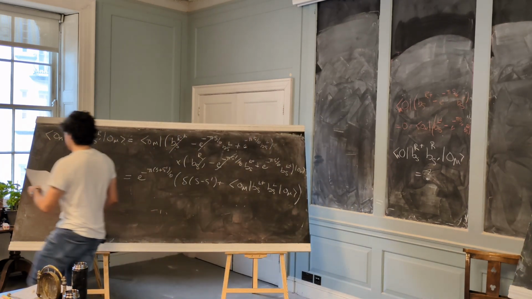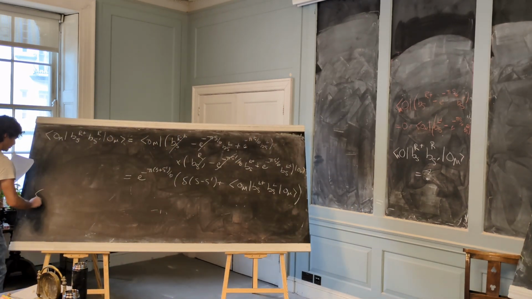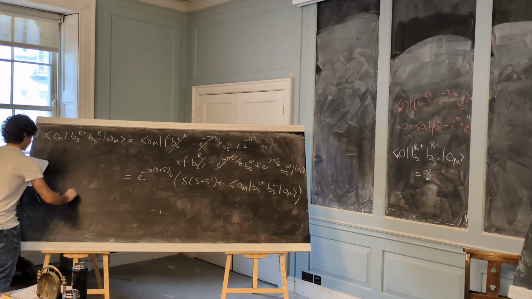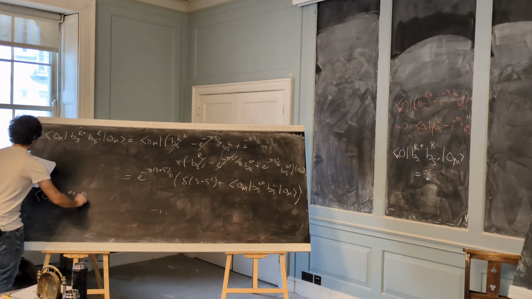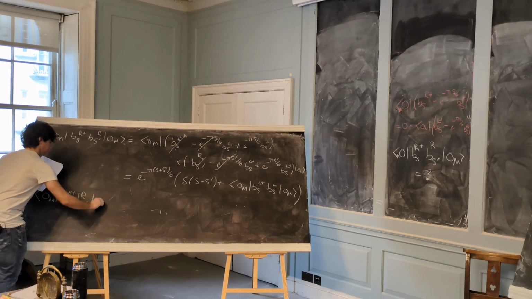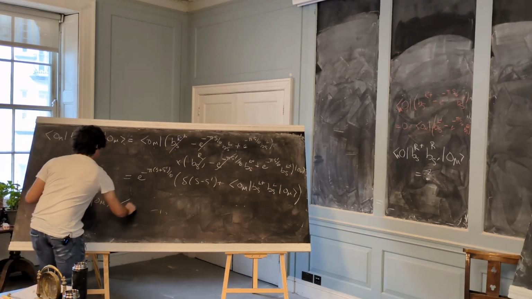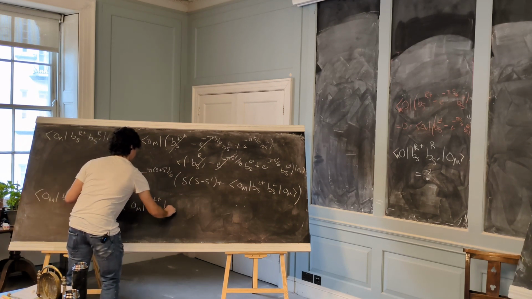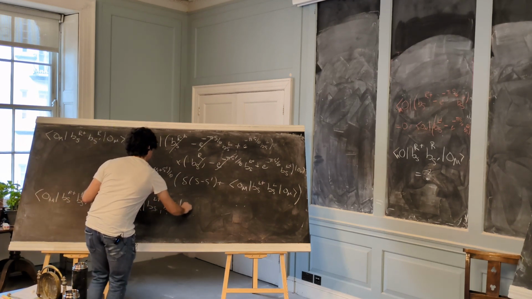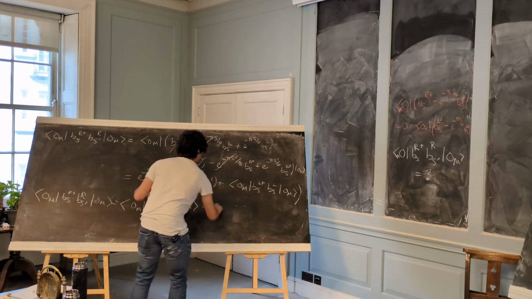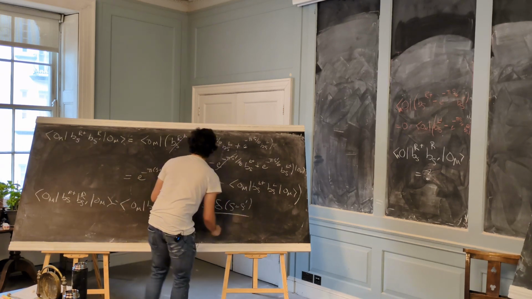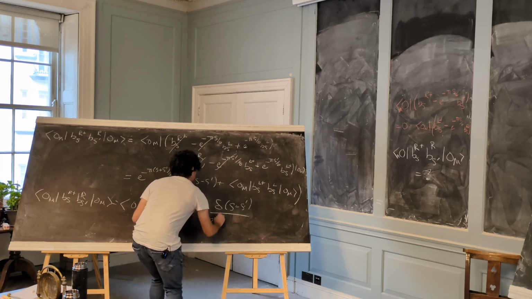So the answer to this calculation, not such a bad one, is that b_s^R dagger b_s'^R is equal to b_s^L dagger b_s'^L. So you get this delta function, s minus s prime, divided by e to the 2 pi s over b minus 1.